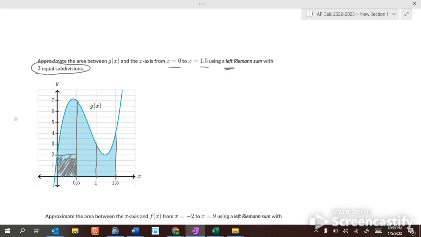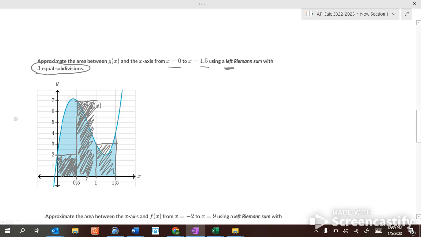If we used a right Riemann sum, this rectangle would be 7 units high. For the second one, this rectangle is going to be 7 units high because that's where the left side of the rectangle intersects the blue line of the function. How many units high should the third one be? It should be 3 units high.